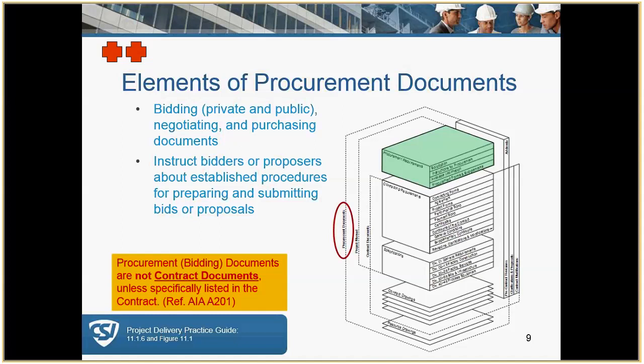These items are usually dropped from contract documents because once the contract is signed, nobody really cares when the bid opening took place or that sort of stuff. Keep in mind that procurement bidding documents are not contract documents unless they're specifically listed in the contract and often made part of the agreement itself.